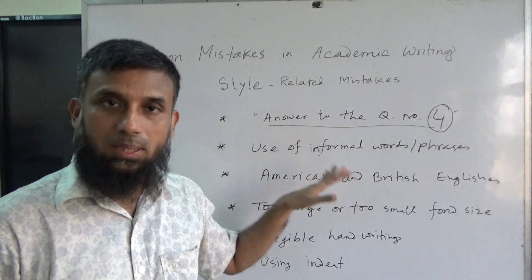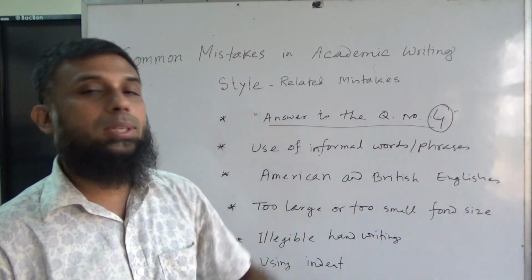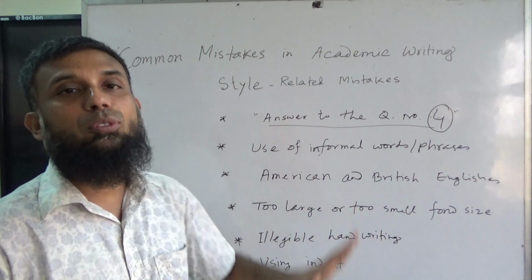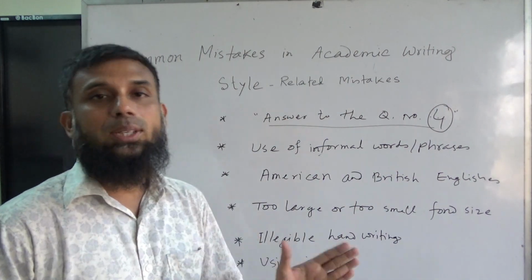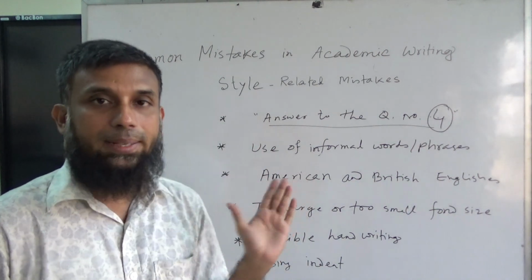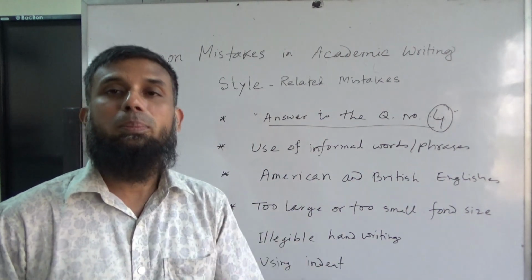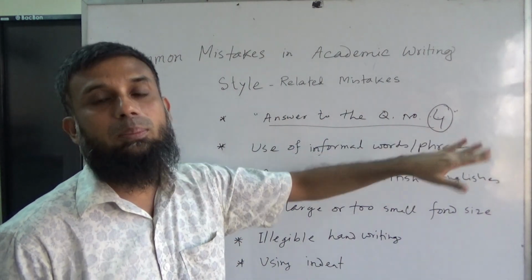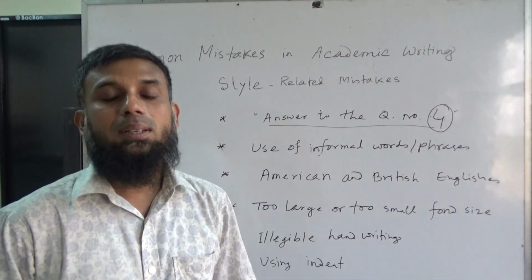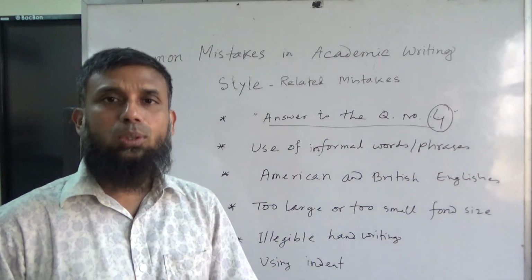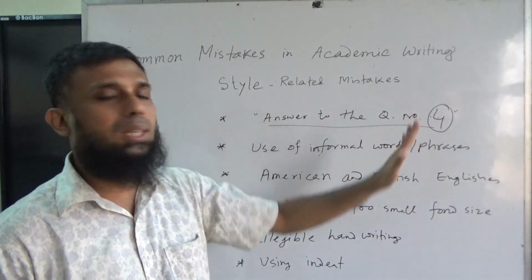It has a negative impact on the scoring. If you want to write the whole phrase "answer to the question number 4," you have to be very careful that the whole phrase is visible, and you should start writing from the beginning of the page, from the left side of the page, not from the middle of the page, because if you start at the middle, the question number remains hidden behind the fold. I have a suggestion for you: don't go for the phrase "answer to the question number 4."